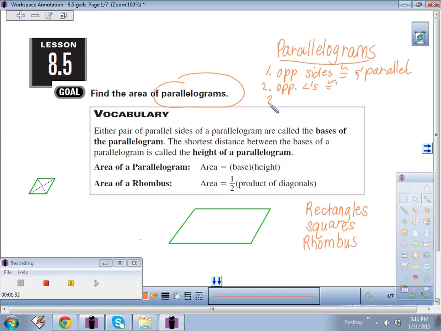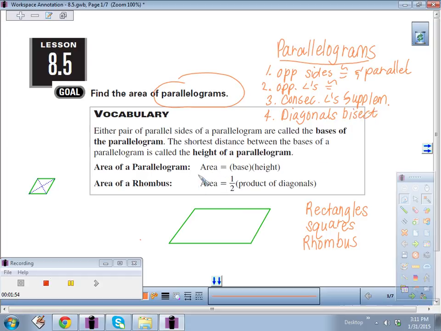Third, consecutive angles are supplementary. And last, the diagonals bisect. So that's how we identify a parallelogram based on those properties.